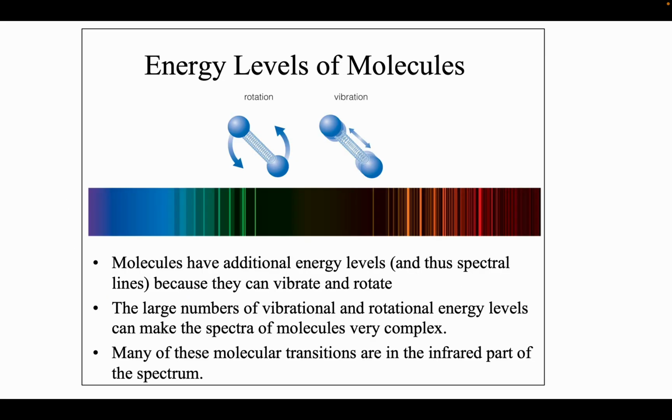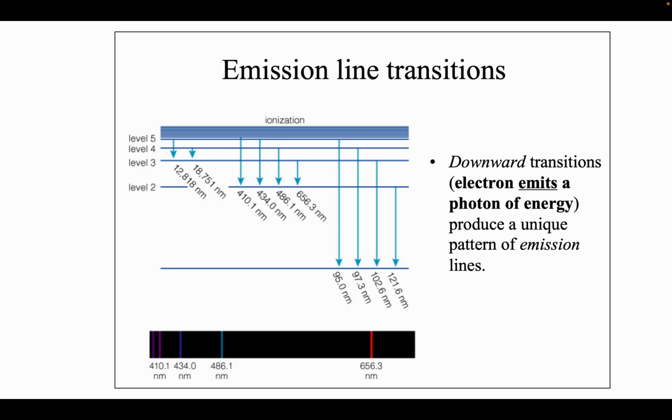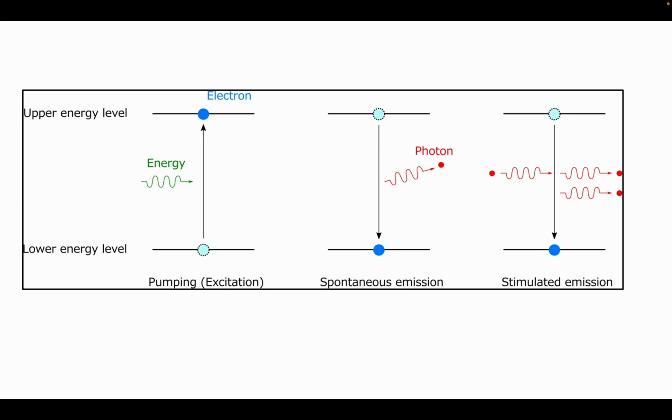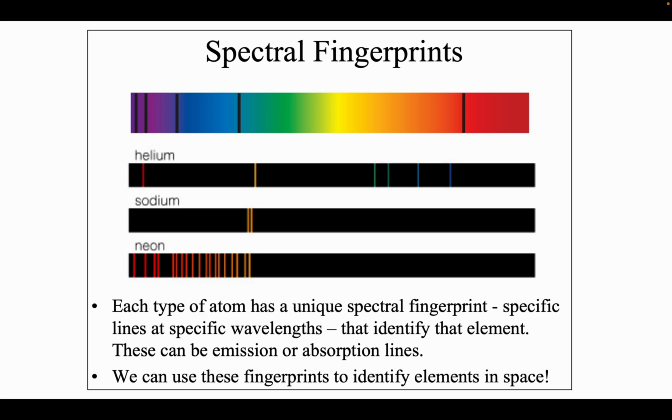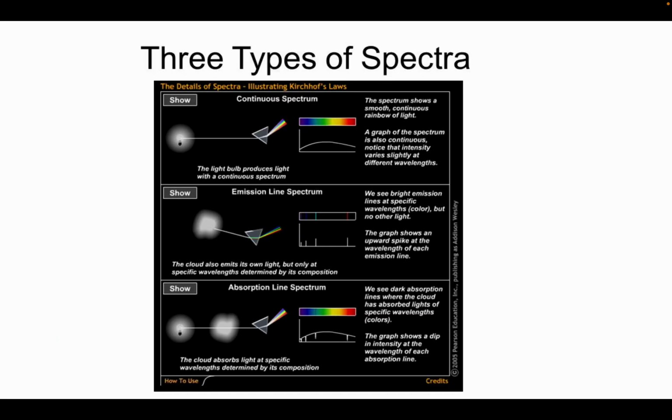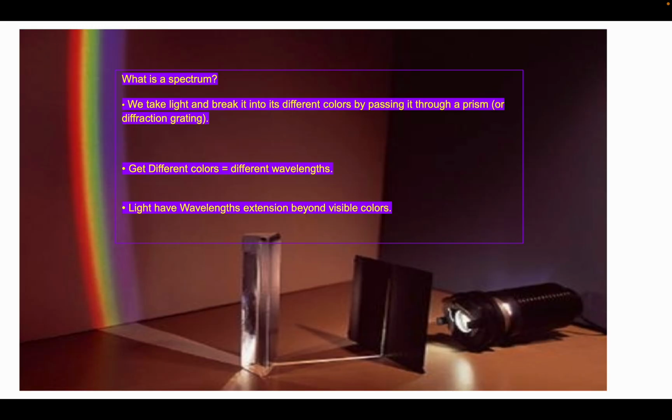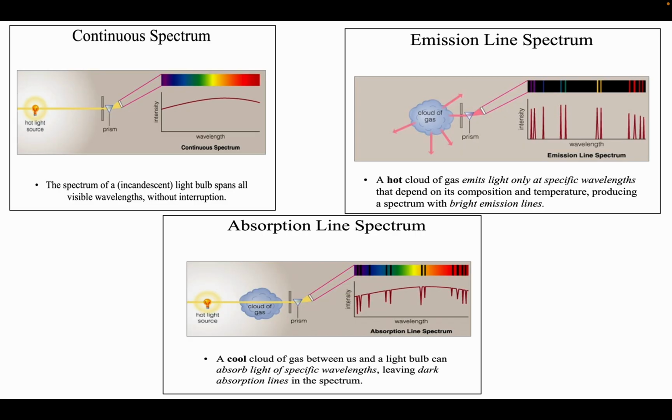Now, this was our preliminary understanding of the emission and absorption process, and the spectral fingerprint we observe within spectra. So we know that if we disperse light through a prism, we will get a continuous spectrum.